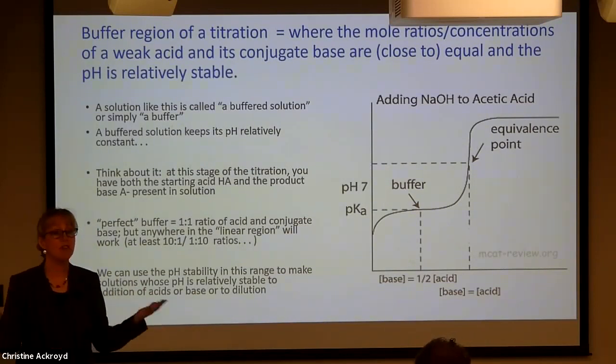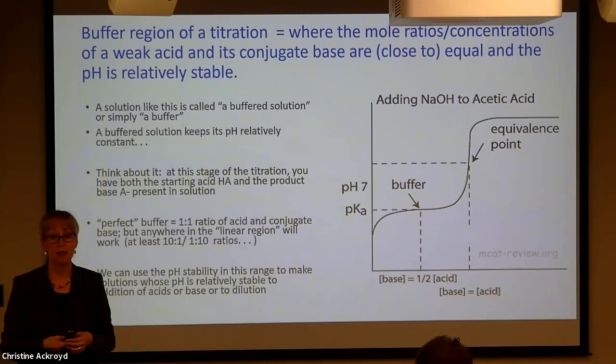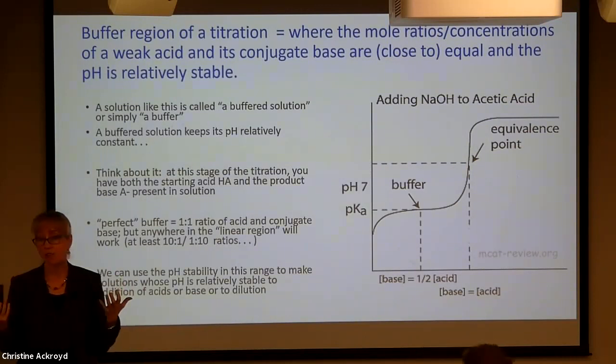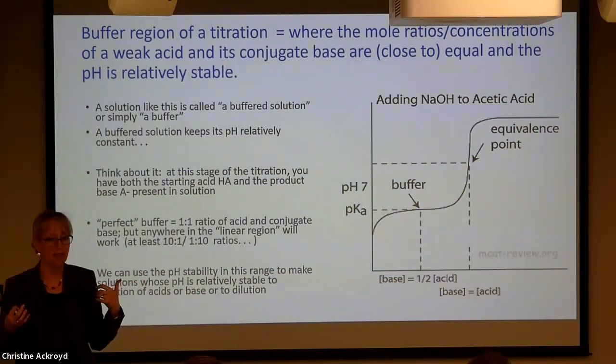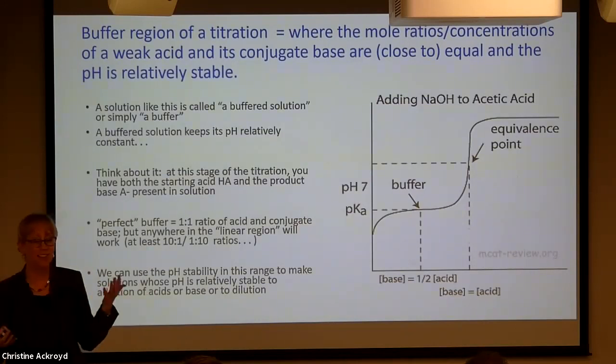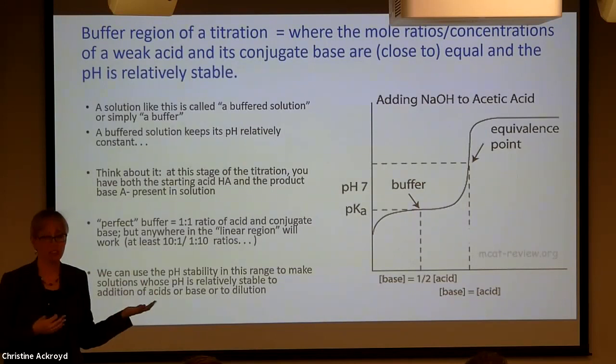So for example, if you're a patient in the hospital and you're seriously dehydrated and they need to give you an IV solution of water, they can't just give you water intravenously because the water is not the same pH as your blood is. And you would dysregulate your blood pH if they just added water.